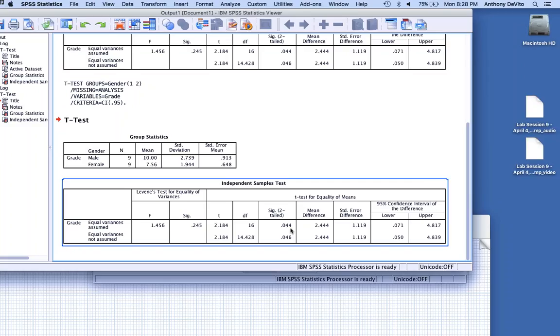Well, the problem is that's nice, but you didn't know it was going to be on that end when you started. It could have just as easily been on the other end. So you have to account for both ends. So when you do a two-tail test, you're going to take that 2.2% and double it to get the overall two-tailed significance, which is 0.044. But it's still under 0.05, so you can reject the null hypothesis.